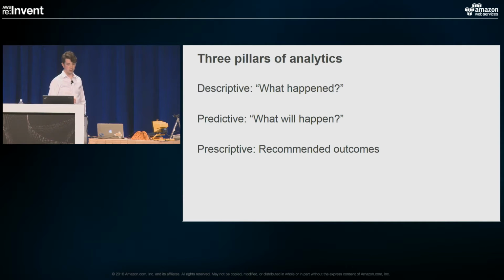Descriptive analytics are going to be dashboards, visualizations, trying to help us answer what happened in the past. We also have predictive analytics, which is going to help us tell the future, what's going to happen. How can we forecast what is going to happen based on current data or past data.